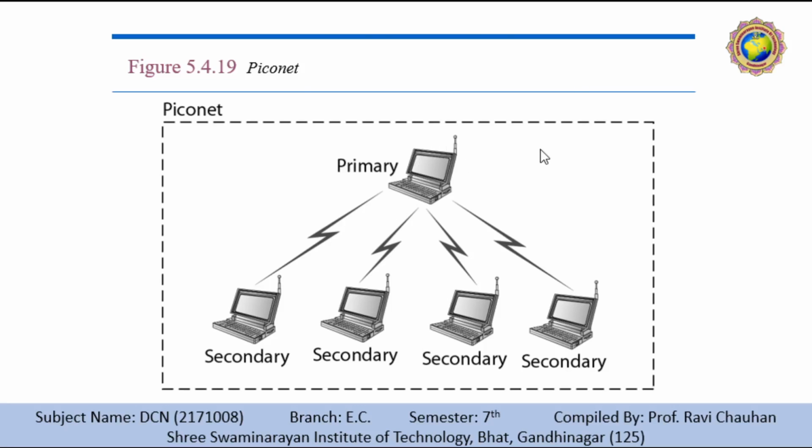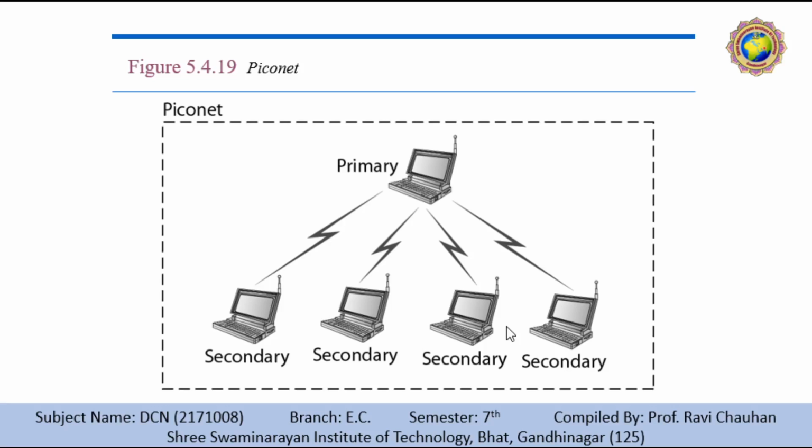Although a piconet can have a maximum of 7 secondaries, an additional 8 secondaries can be added in the parked state. This means a secondary in the parked state is synchronized with the primary but cannot take part in the communication until it is moved from the parked state.